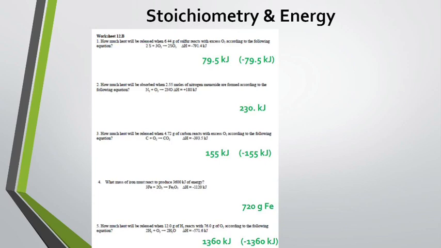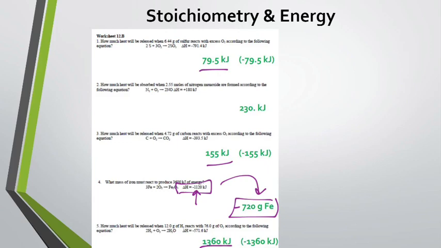And one of the biggest reasons why you will not see any of those negative answers in my packets for any of these kilojoules is actually because of questions like number 4, where we do have a negative enthalpy value. If you plug this in though, because we're solving for grams, if you use a negative kJ in this calculation, you're going to end up with -720 grams.